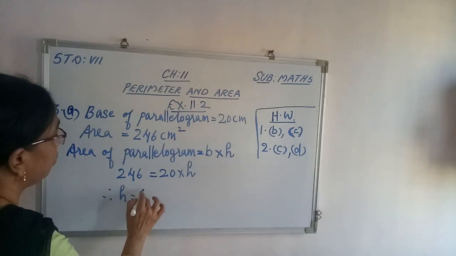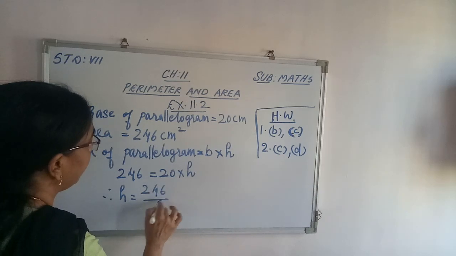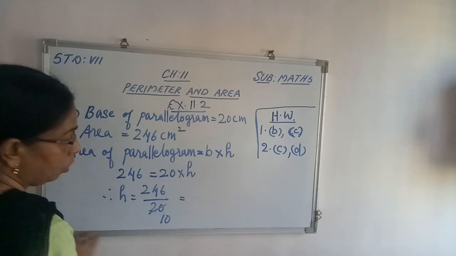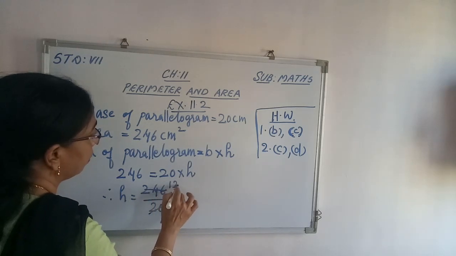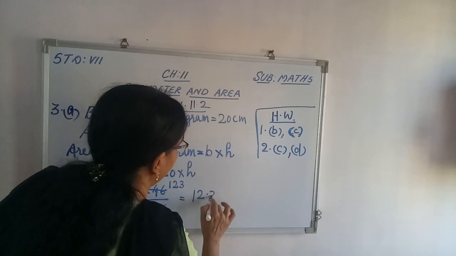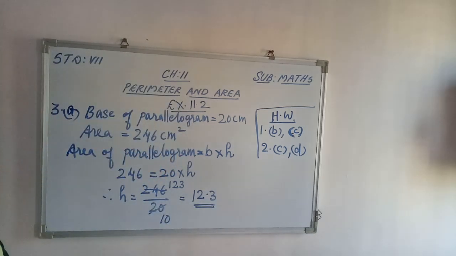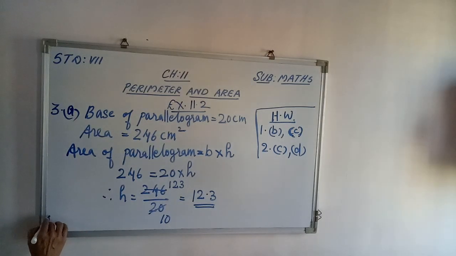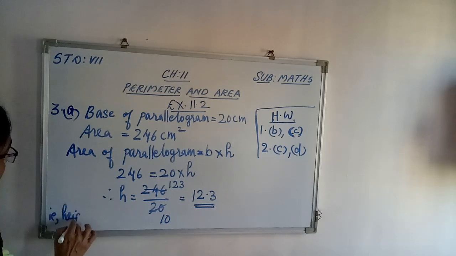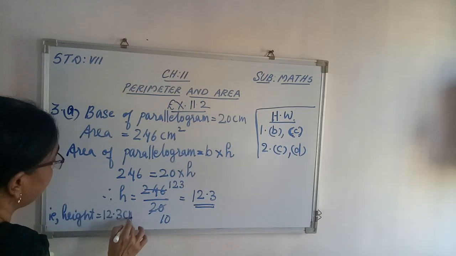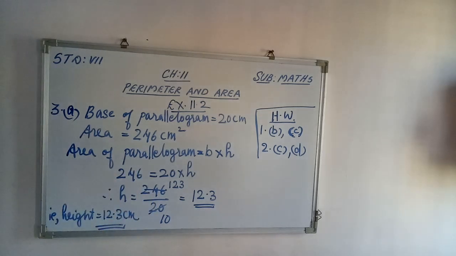Therefore, H is equal to 246 divided by 20. That's equal to 123 divided by 10, which will give you 12.3. Therefore, height of parallelogram is equal to 12.3 centimeter. This is the answer.